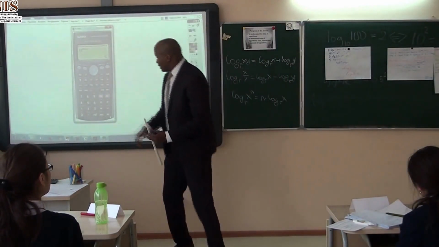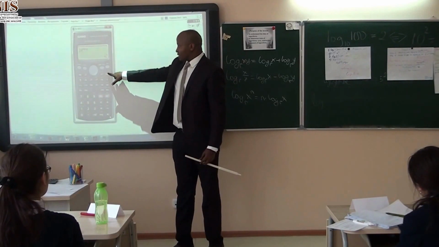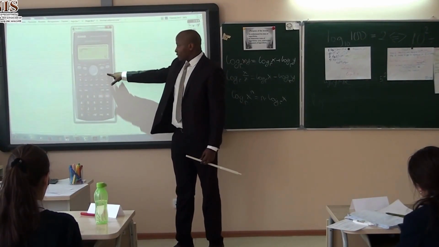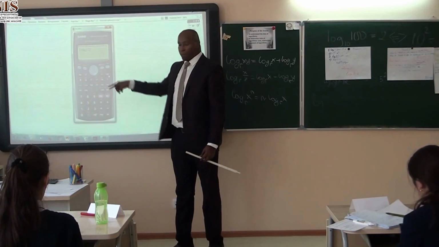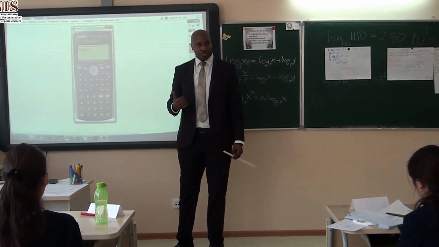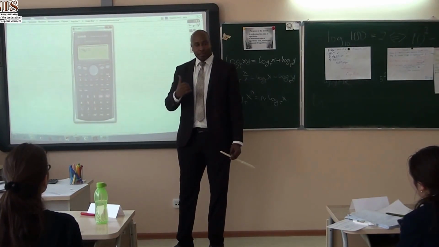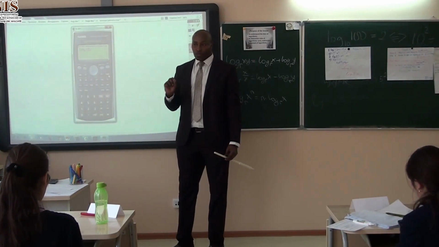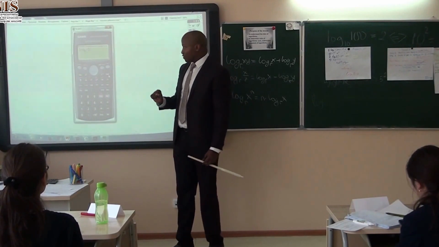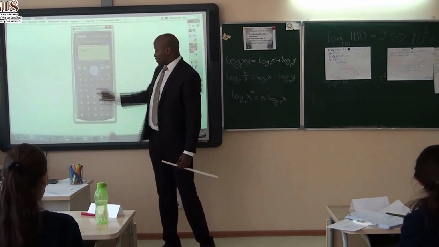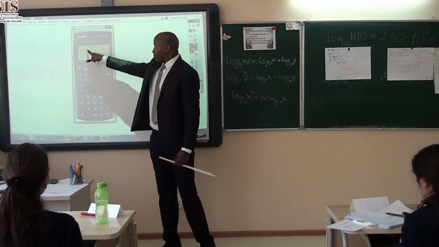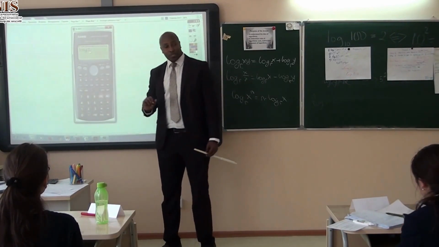Okay? Lastly, I want to show you how to use this logarithmic button on your calculators. We use this button to work out questions where the base is defined. For example, the log of 32 to the base of 2, we're going to write 2 there for the base, and in there, where we have brackets, we are going to put in 32.